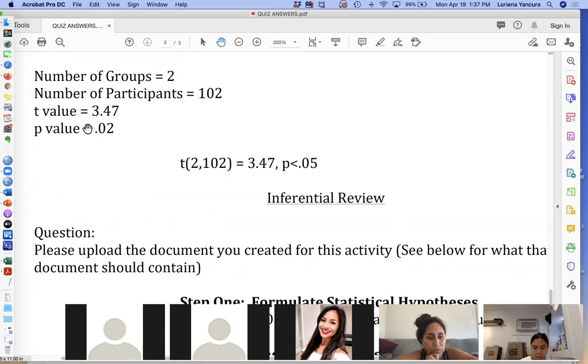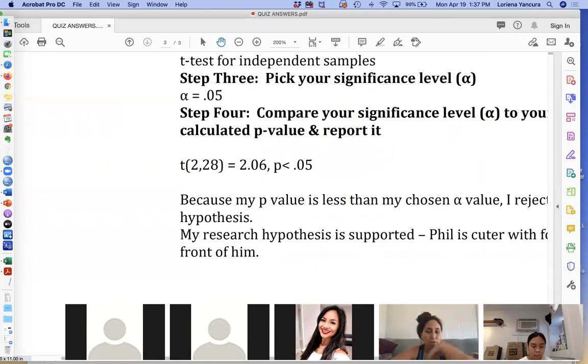That sounds always so funny talking about p, huh? You can report the exact p, or you can report the level that you chose in step 3. And then this t-value, you would generally report the number of participants minus the number of groups, but we're not going to be that picky here. Okay, questions? Okay.